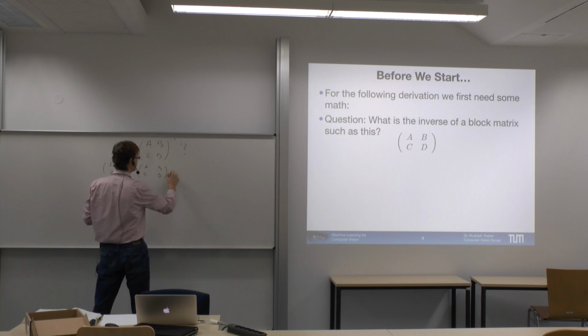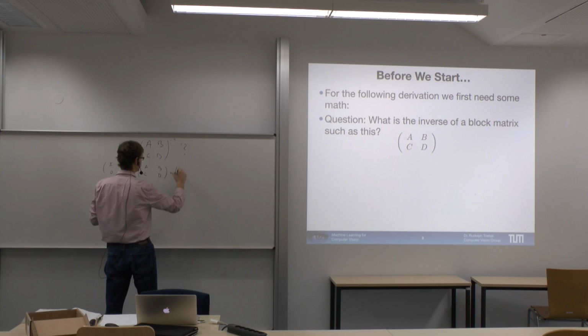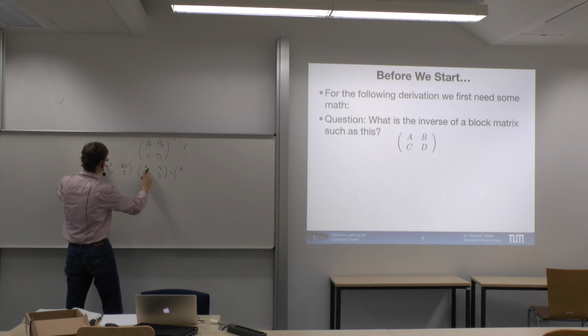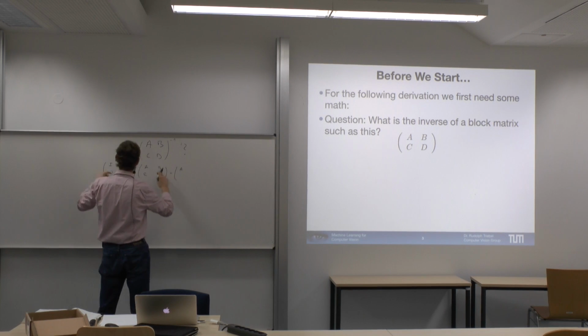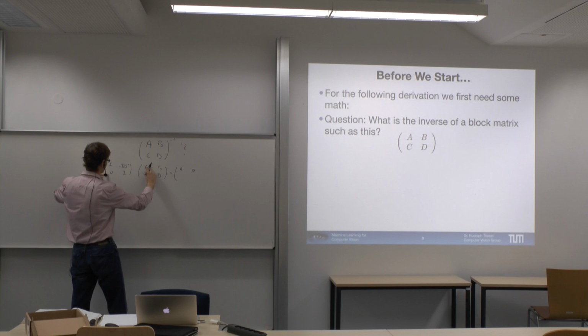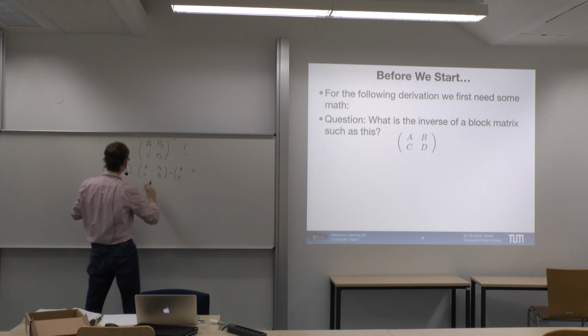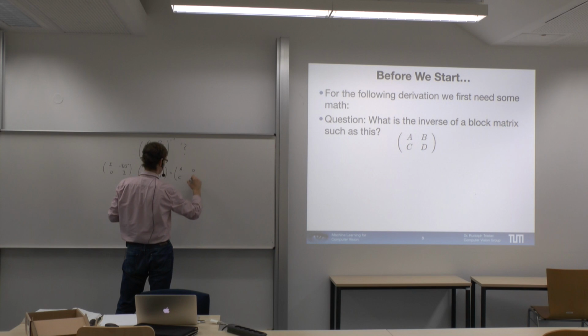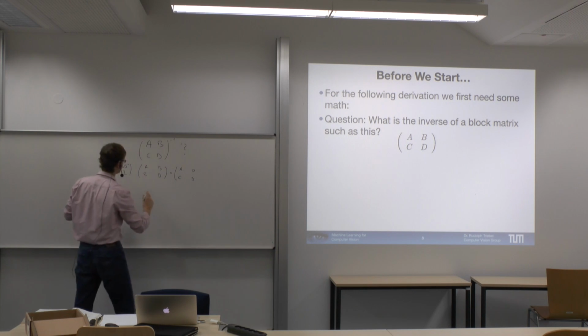If we do this, then we get a matrix something like this. A stays the same, this is 0, this is C, and here we have D. Sorry, this is not correct.